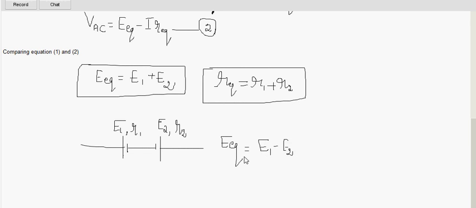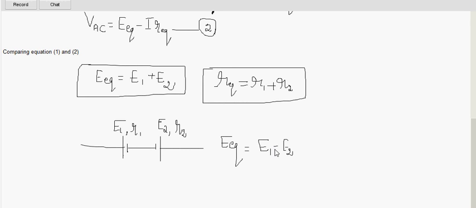So the negative electrode of one is connected to the negative of the other one. If we connect two negatives, then E equivalent will be the difference between the two EMFs.